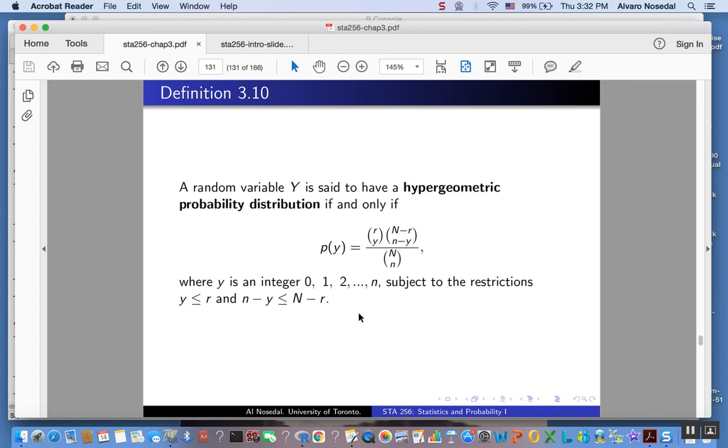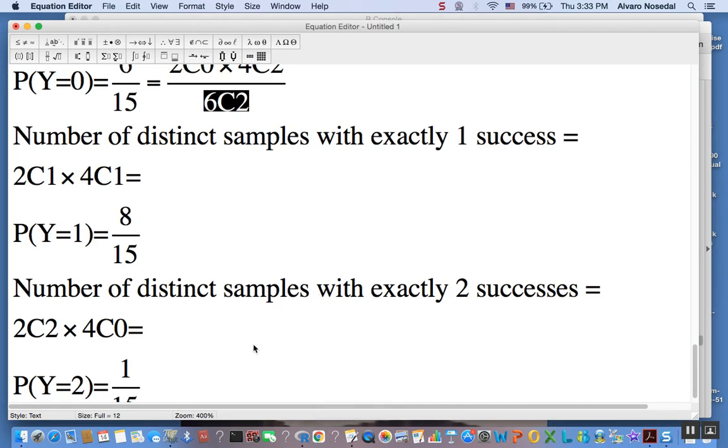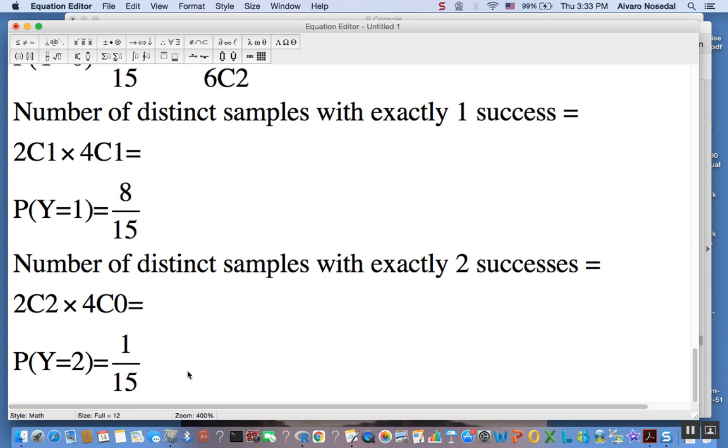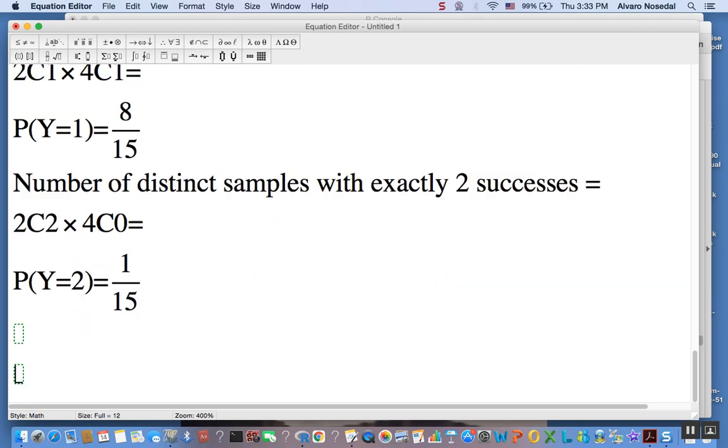Okay, so the second part of our problem was finding the expected value. Let's find the expected value using the definition, and then I'm going to show you that there's a formula to quickly find it.